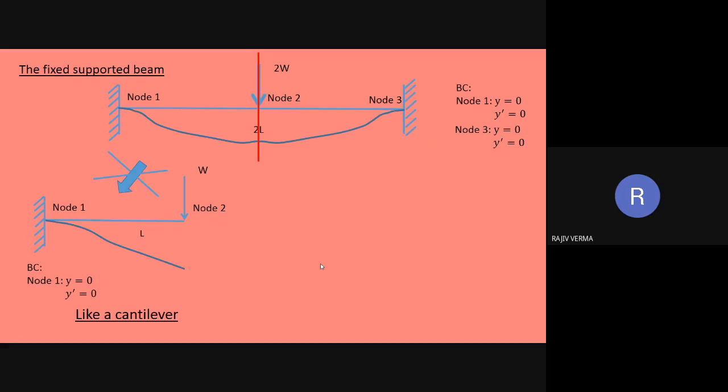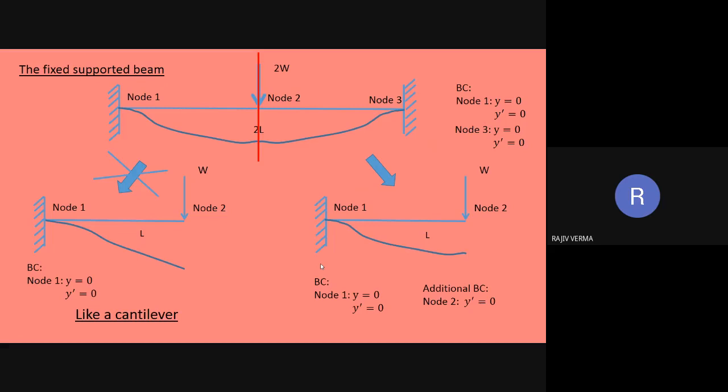What should have been done is that the displacement should have been identical to what is going to be present for a fixed supported beam, which is going to be obtained only if you introduce an additional boundary condition at node number 2. At node number 2, basically the slope is going to be 0. So this is the boundary condition which is introduced additionally when you take the advantage of symmetry.